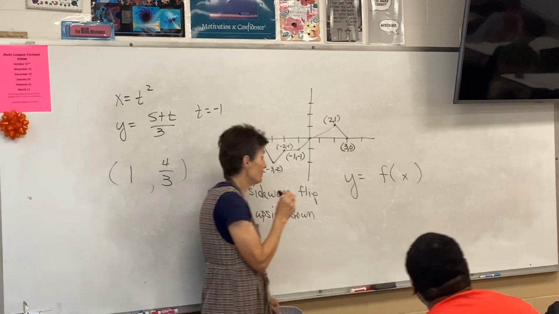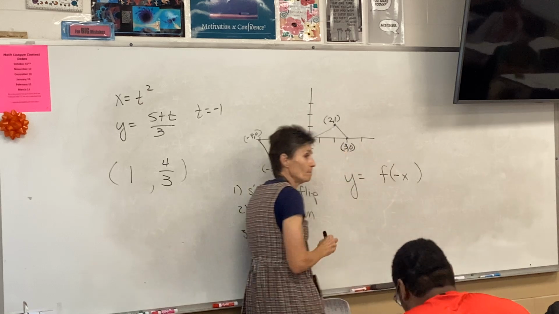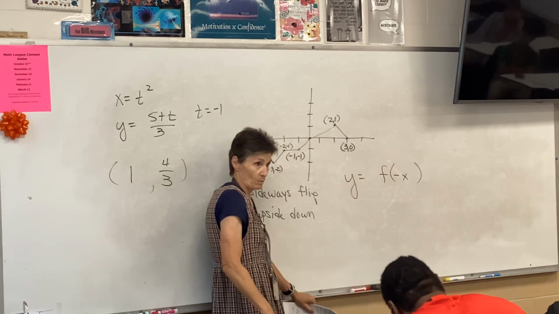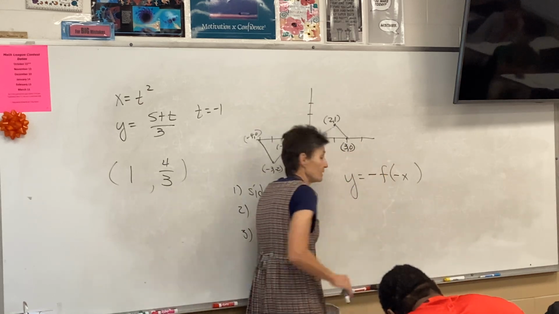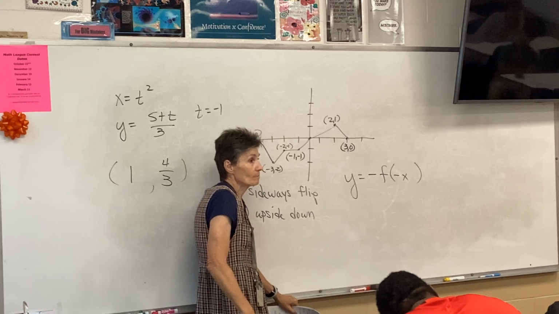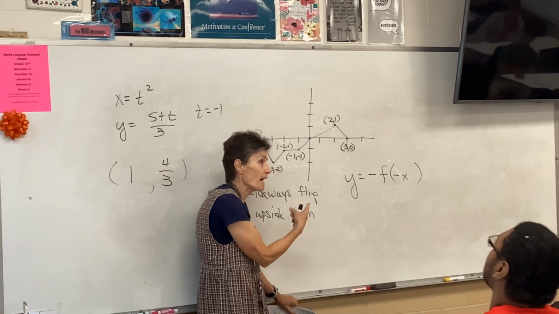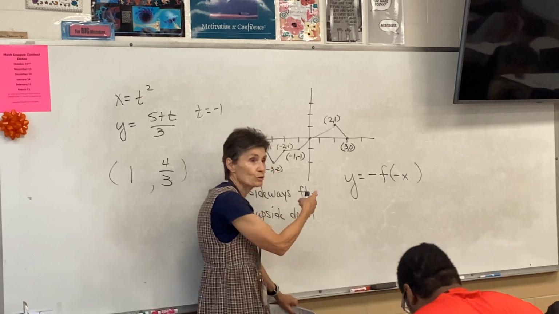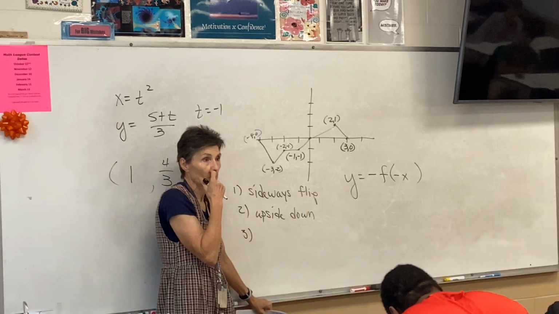Negatives, right? This negative would flip me sideways, and then that negative would flip me upside down. So you would write that in the answer line, because those are the 2 changes that happened in the problem.